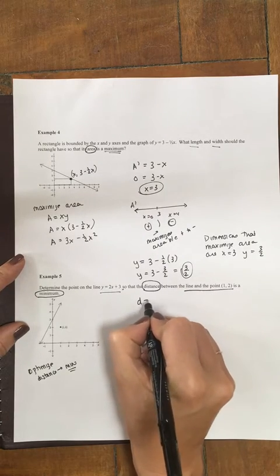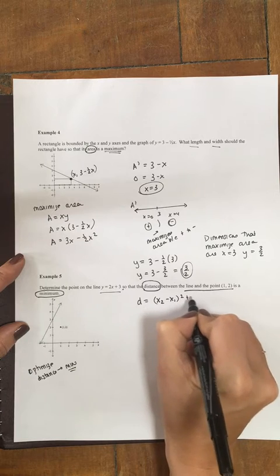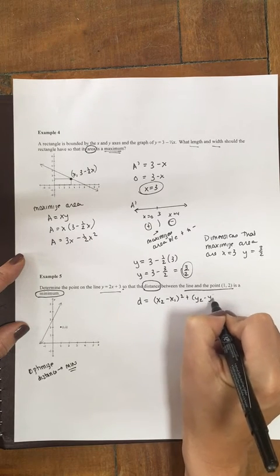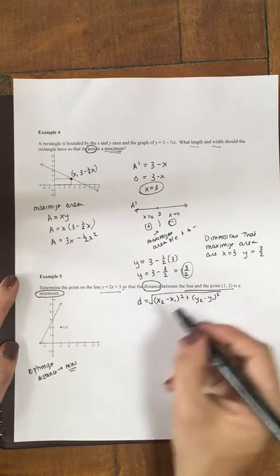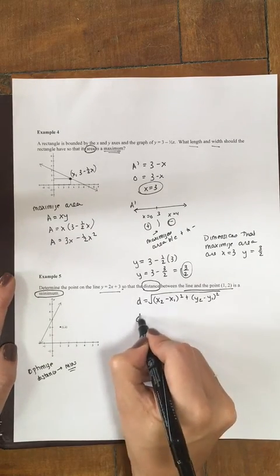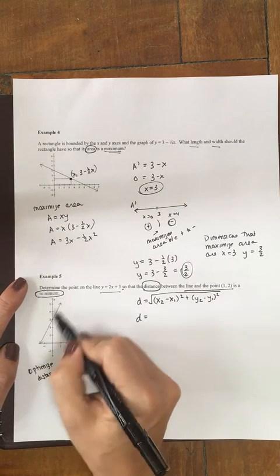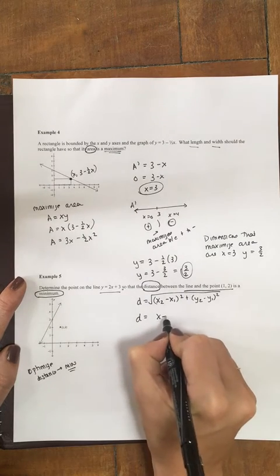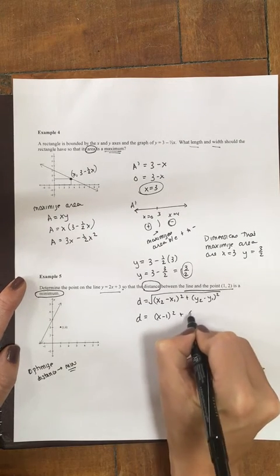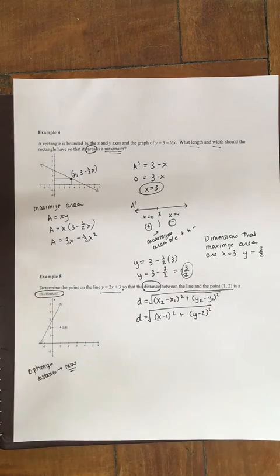Well, way back when, distance formula is x2 minus x1 squared plus y2 minus y1 squared, all under the square root, remember that? So distance is equal to, okay, on this line we'll have some x and y points, so it's going to be x minus 1 squared plus y minus 2 squared, all under the square root, right?